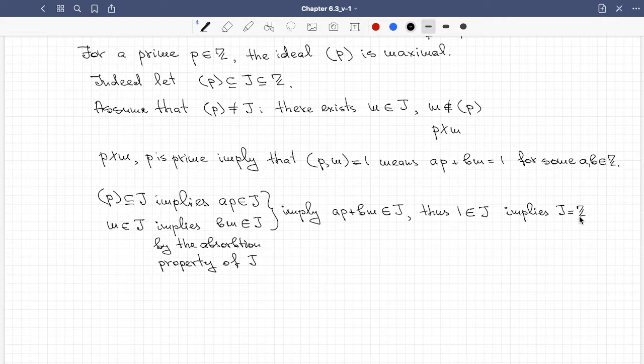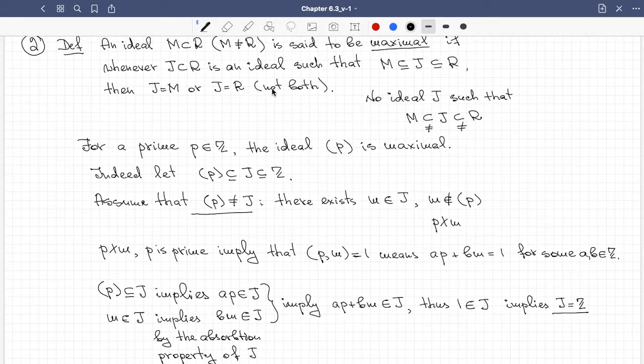So what did we prove? We proved that our assumption, that J is not equal to the ideal of P, so it contains an extra, implies J is all of Z. Thus the ideal of P is maximal.